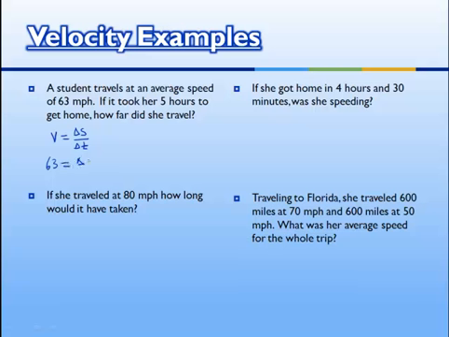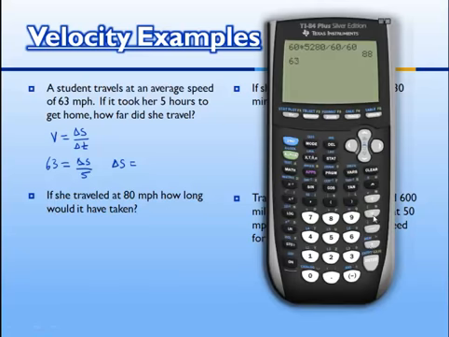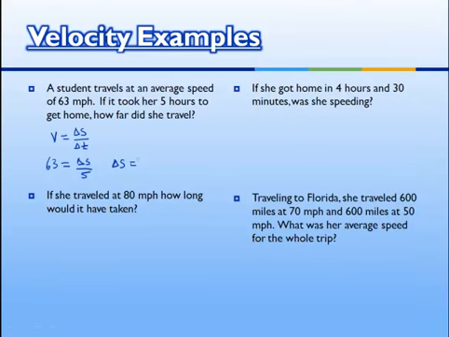Total distance is what we are looking for. And the total amount of time is 5 hours. If we multiply both sides by 5, we get pretty quickly that the total distance is 315 miles.